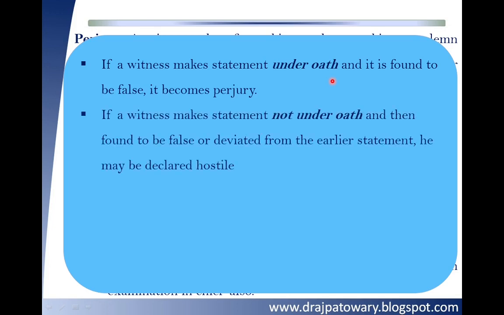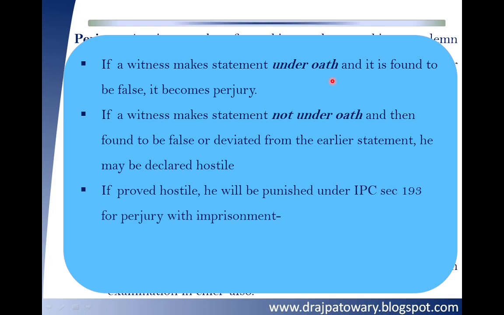If the witness makes a statement not under oath, say a statement given to the police or some other procedure where no oath was taken, and now he is deviating from that earlier statement on which he was called, then he will be declared hostile.